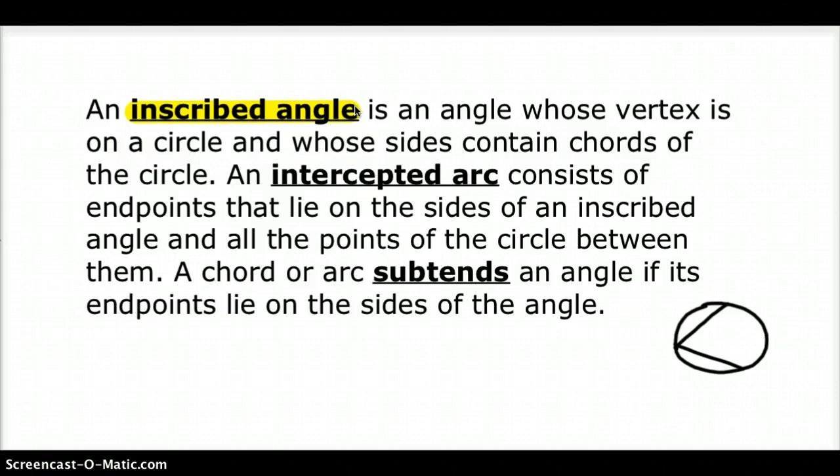So basically, I have one example of an inscribed angle here. The vertex is on the circle, right here, and the sides contain chords of the circle. This is a chord, and this is a chord. So that is an example of an inscribed angle.